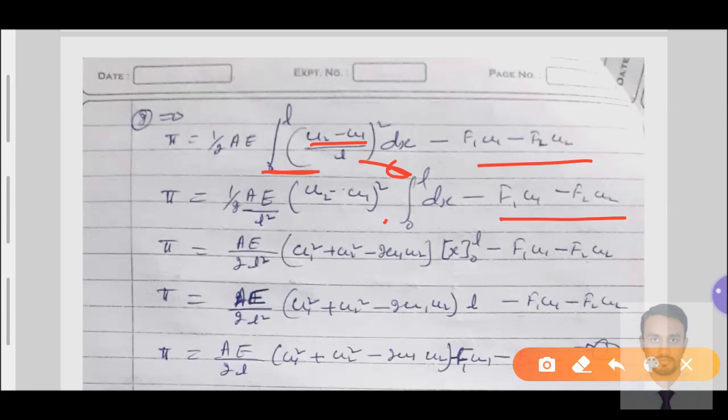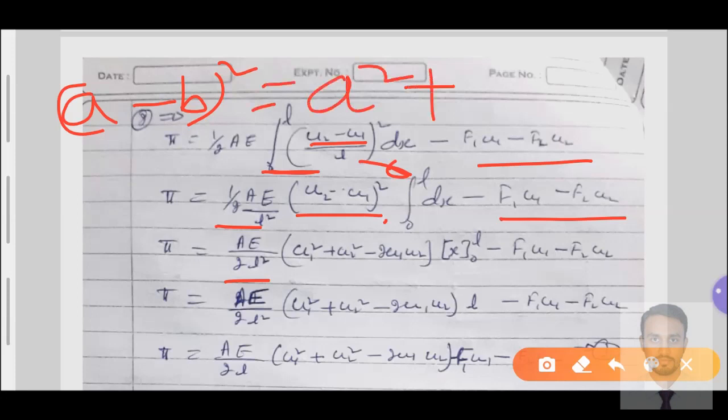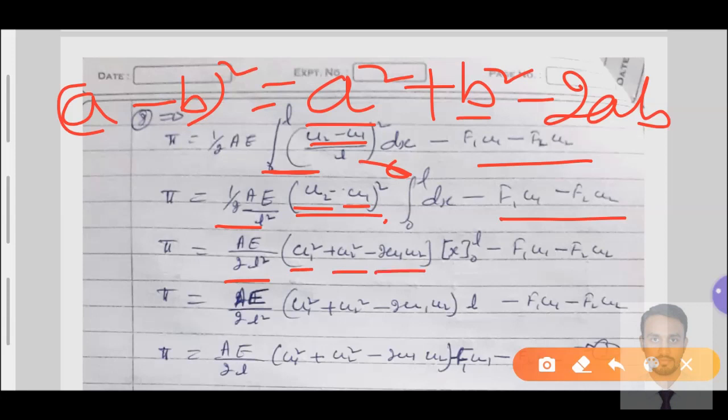Then I rearrange AE by 2L square, and (a minus b) whole square is equals to a square plus b square minus 2ab. So a means u2 and b means u1, giving u2 square plus u1 square minus 2u1u2. Then the integration of dx is equals to x, with limits 0 to L.